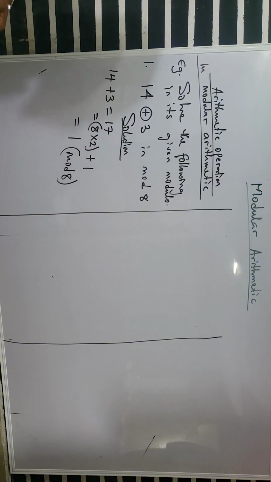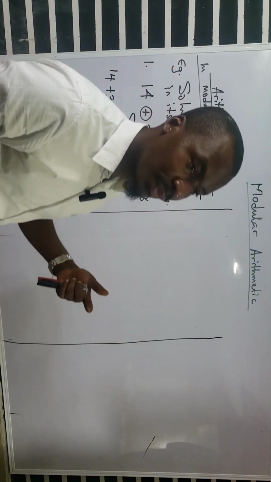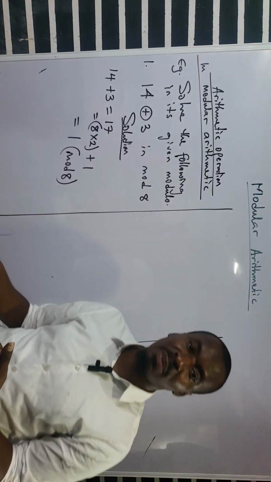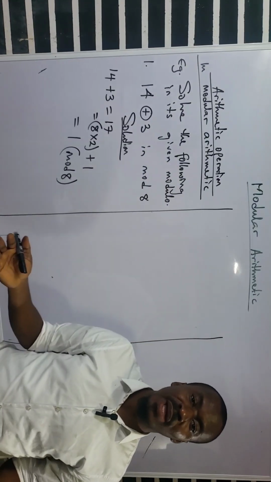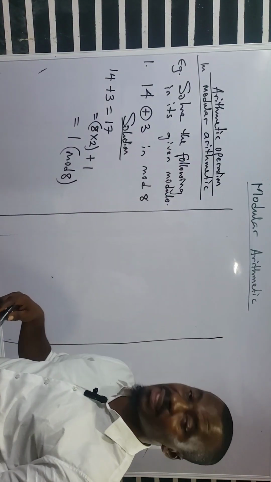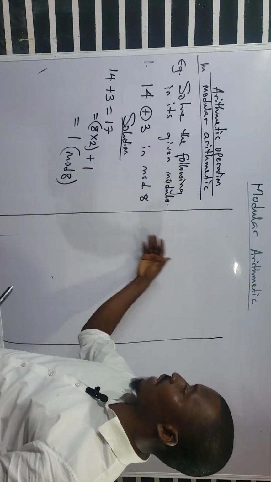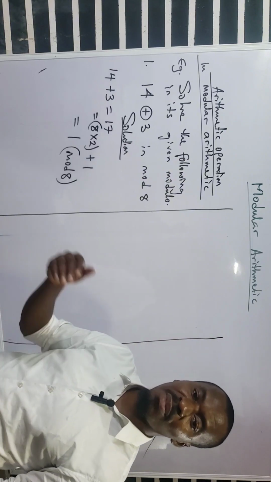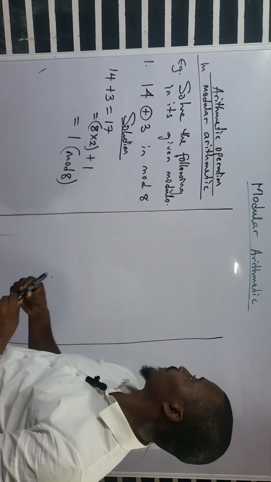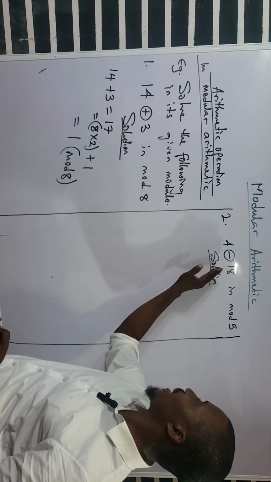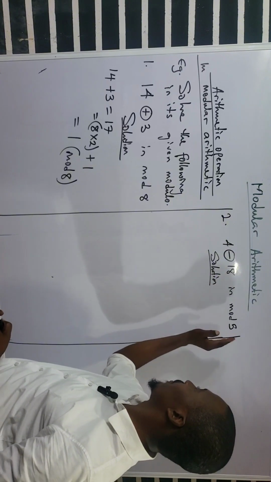So let us look at an example in subtraction. Subtraction can give you a positive number, and it can also give you a negative number, depending on which number you are subtracting from. Because of that, we are going to solve two examples under subtraction, then we'll move to multiplication before coming to division. Look at our example 2, 4 minus 18 in modulo 5.